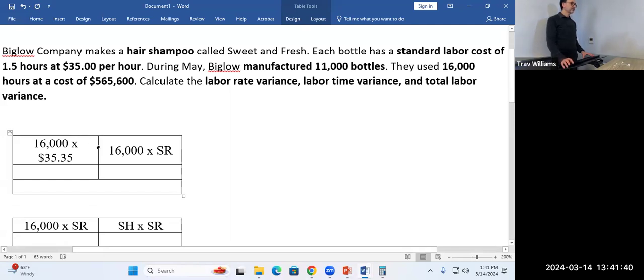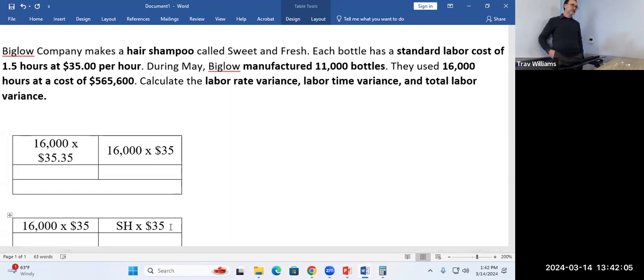All right. What is the standard labor rate? 35. Okay. So we have three places to put that. And the last thing we need, what would be the standard hours for that level of production? How do we get that? Yep.